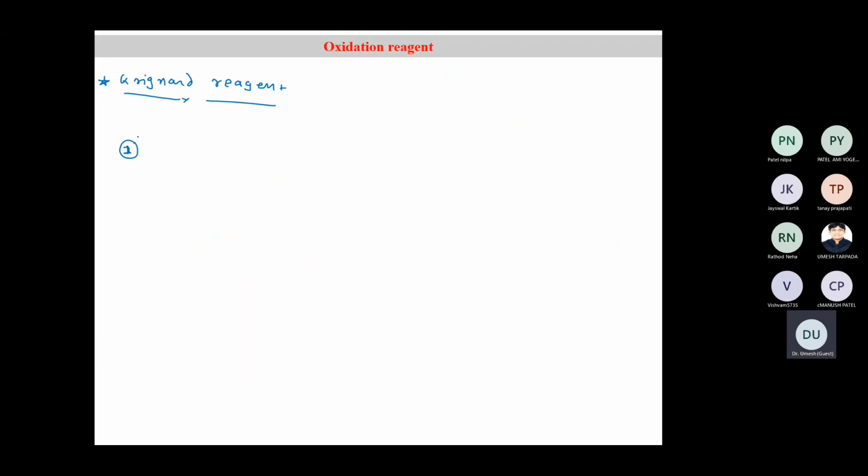The Grignard reagent is useful to synthesize alcohol. If you want to synthesize alcohol, then the Grignard reagent is very important. It may be primary alcohol, secondary alcohol, whatever, and most of the reactions take place with carbonyl compounds. Suppose you react Grignard reagent with formaldehyde, a very simple aldehyde.